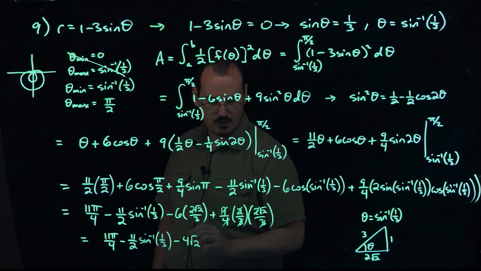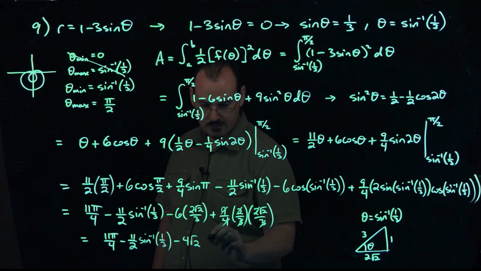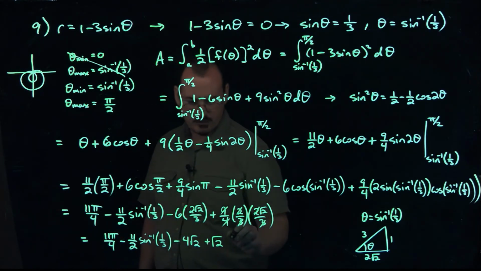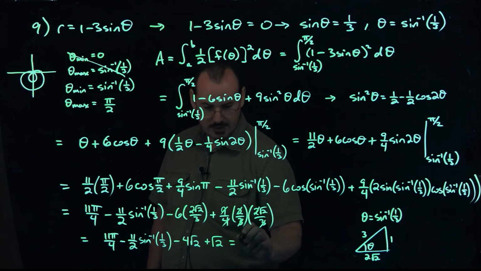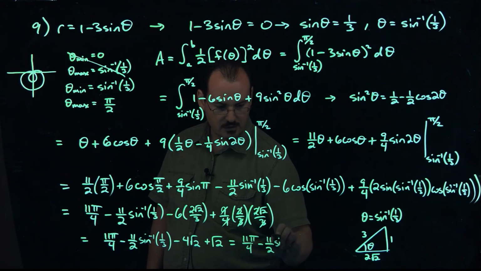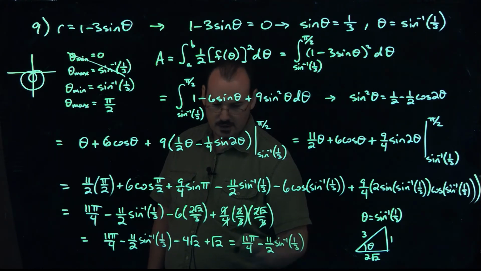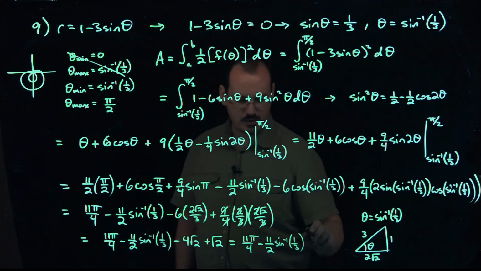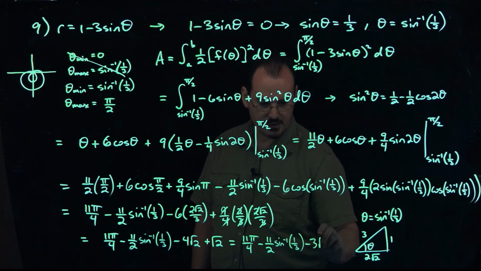Those 2's and that 4 are also going to cancel, so we've just got 1 root 2 there. Now those are like terms, so for our final answer we get 11 pi over 4 minus 11 over 2 arc sine 1/3, and then combining those constants, minus 4 plus 1 is minus 3, so minus 3 root 2.